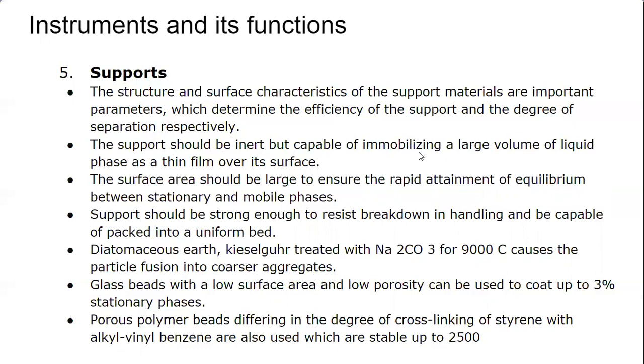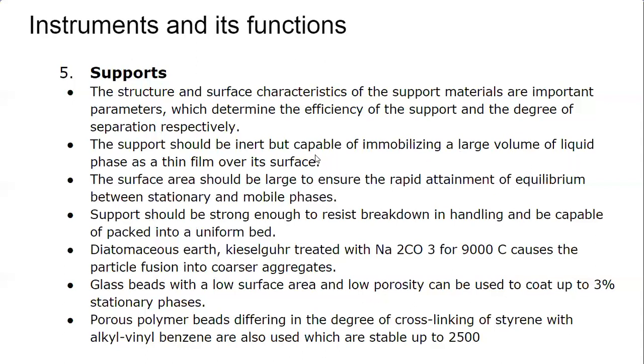And moreover it should be immobilizable. It is supposed to adhere firmly on the surface of the column, and it needs to absorb the liquid thin film strongly. Our stationary phase should be immobilizable, as well as our support.